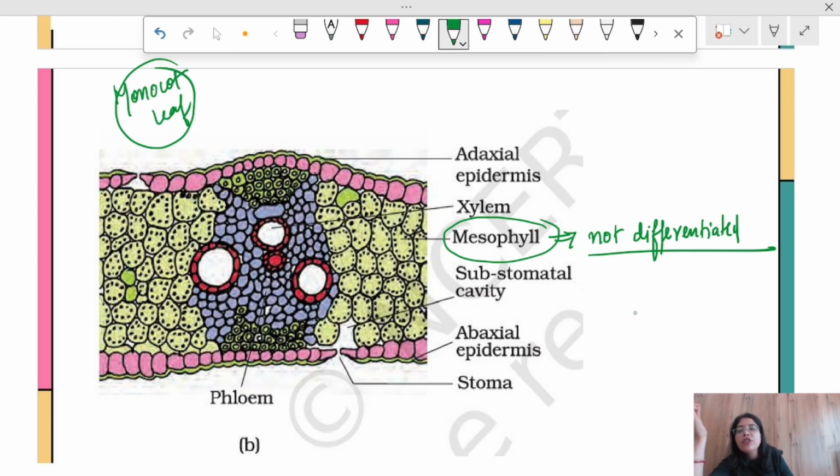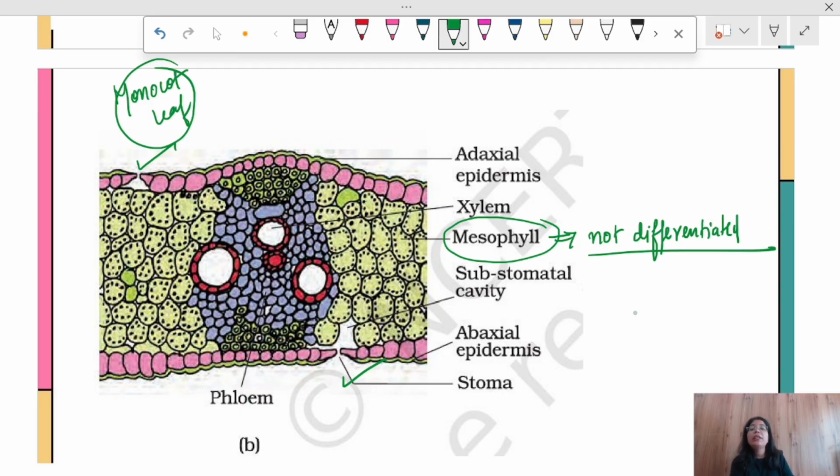And you can see the distribution of stomata is also almost similar. You have one stomata labeled here, one is given here. So you have similar distribution of stomata on both the upper and lower epidermis. You have the same type of mesophyll throughout the leaf, with no differentiation in the mesophyll of the monocot leaf.